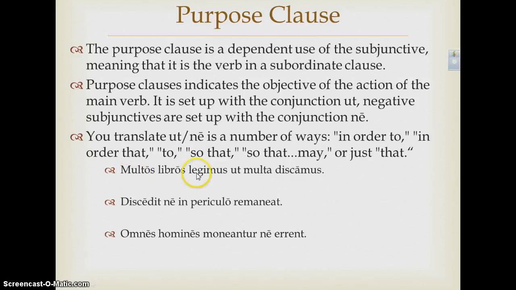Multos libros legimus ut multa discamus. Okay, so we have a legimus here. This is an indicative verb, and it's the main verb of the sentence. So we read multos libros, many books, ut. Now we have the conjunction ut and a subjunctive verb, which means we have a subordinate subjunctive clause, and the only one you know so far is a purpose clause.